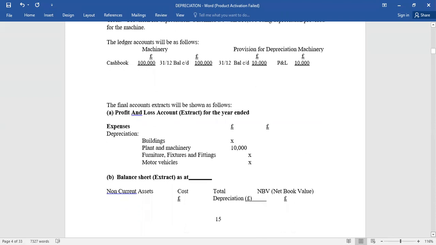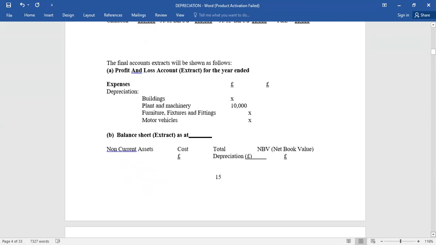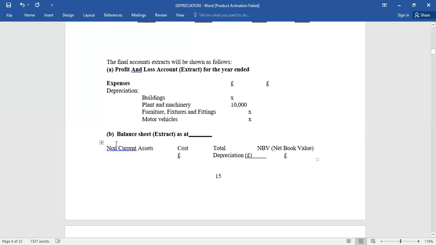So when it comes to the final books of account, depreciation is an expense. So we'll go to the plant and machinery, and then the depreciation, because it's an expense, will be reduced. Then in the balance sheet, we are going to have the non-current asset, which is now machinery.